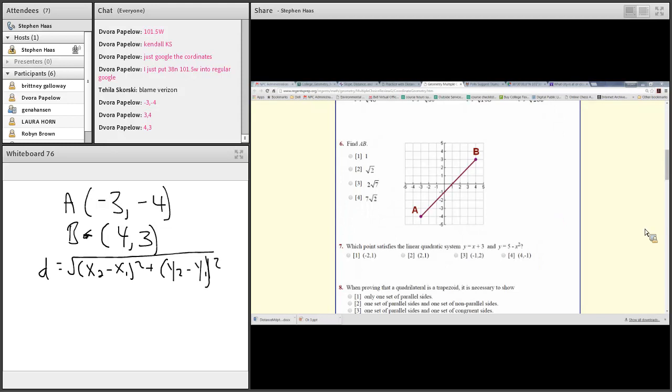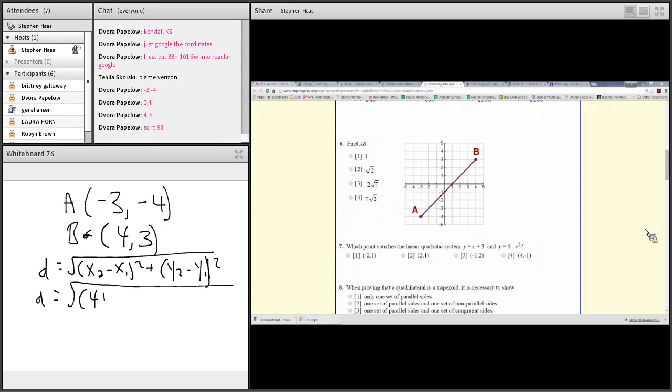Okay. Let's say b is our second and a is our first, which is fine. So our second x is 4 minus negative 3, because our first x is negative 3.